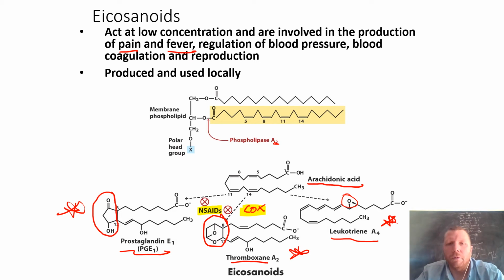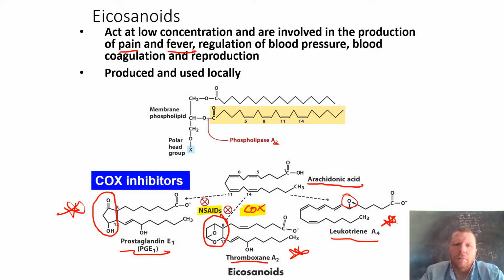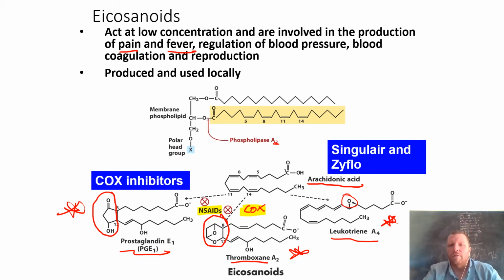Ultimately, that has led to drug development, and Singulair and Zyflo are examples of drugs that inhibit or prevent the production of leukotriene A4. This sort of metabolism is definitely very interesting and very significant for drug development.